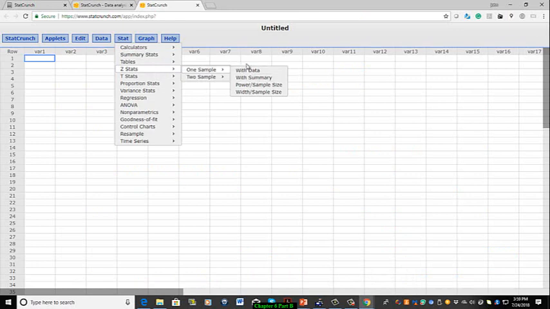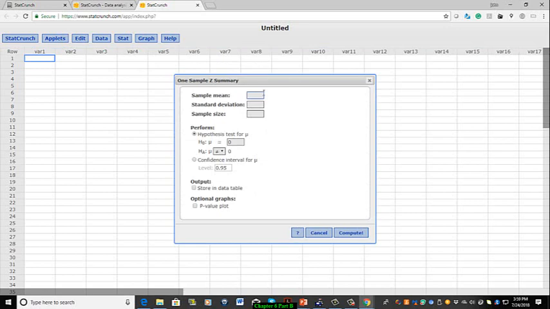The difference with Summary is when you have the numbers already given to you: the sample mean, the standard deviation, the sample size. With Data, you just have a set of numbers, so you put in the data or set it as a variable and StatCrunch goes from that variable. So we're going with Summary.